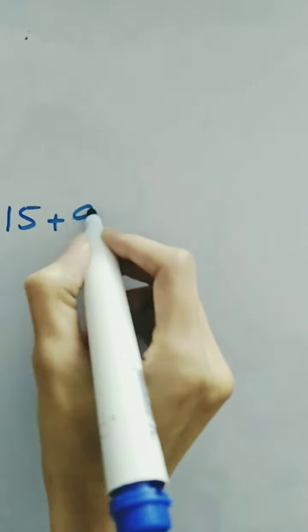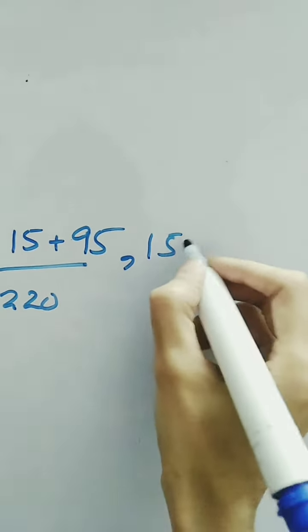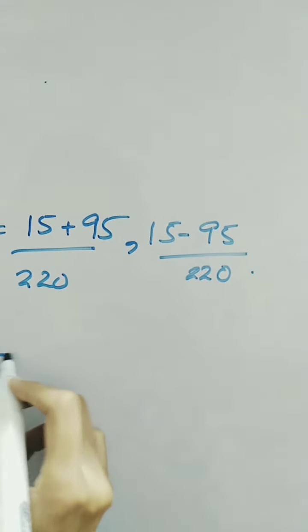Further solving, we will have 15 plus 95 over 220 and 15 minus 95 over 220.